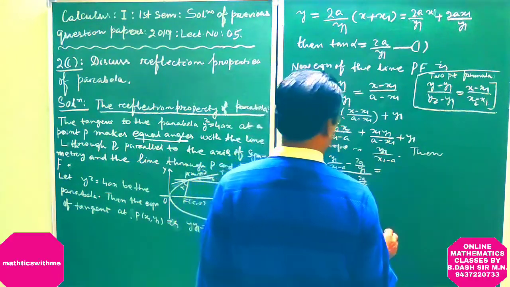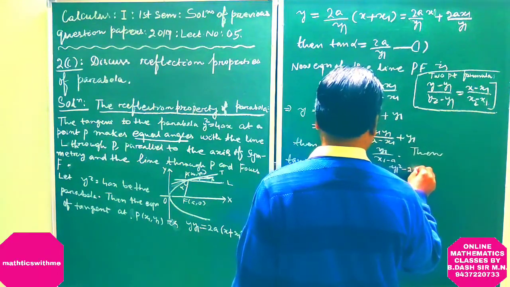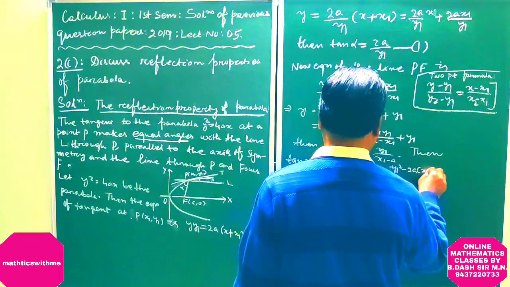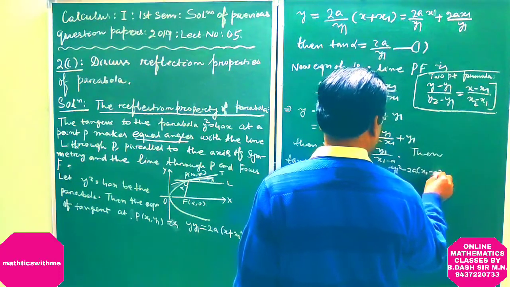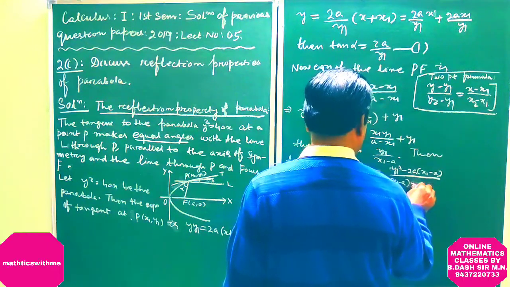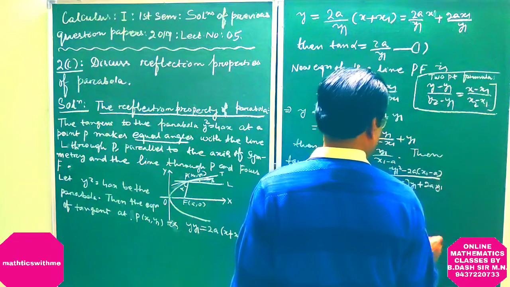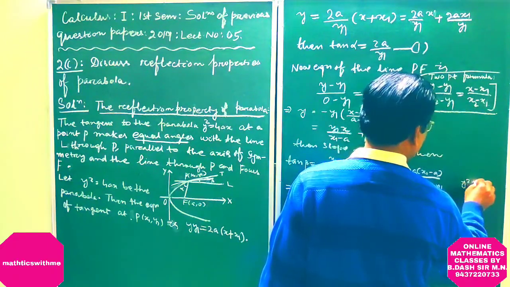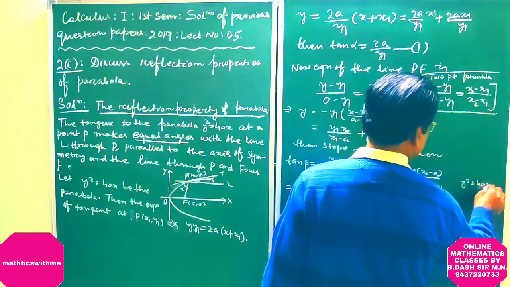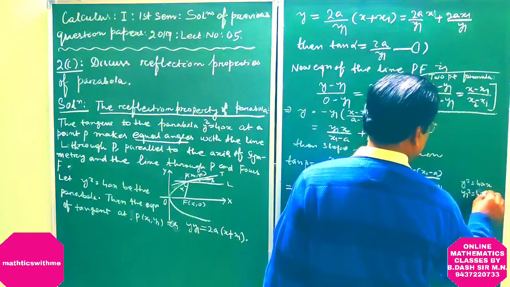This is equal to y1 square minus 2a into x1 minus a, by x1 minus a into y1, over 2a y1. Y square is equal to 4ax, so y1 square is equal to 4a x1.